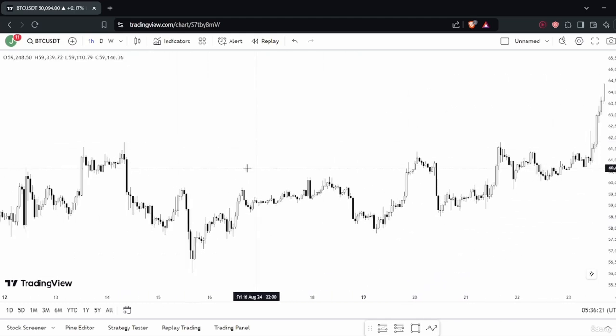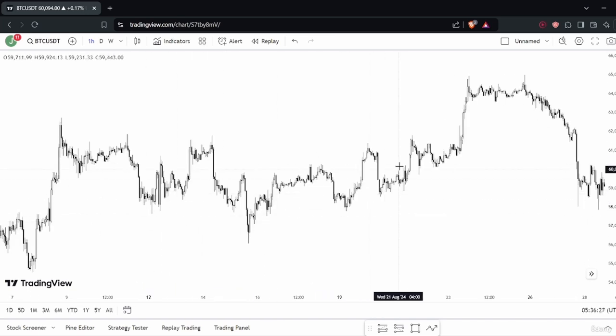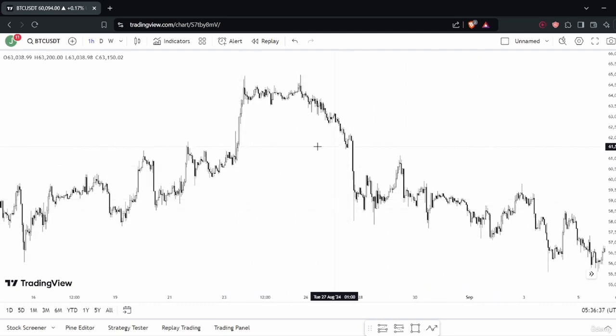However, most times it will not touch it. In ranging markets such as these ones, which is not very clear, it will touch the order blocks. However, in a trending market such as this one with big displacements, it will not go all the way here most of the time and then go lower.